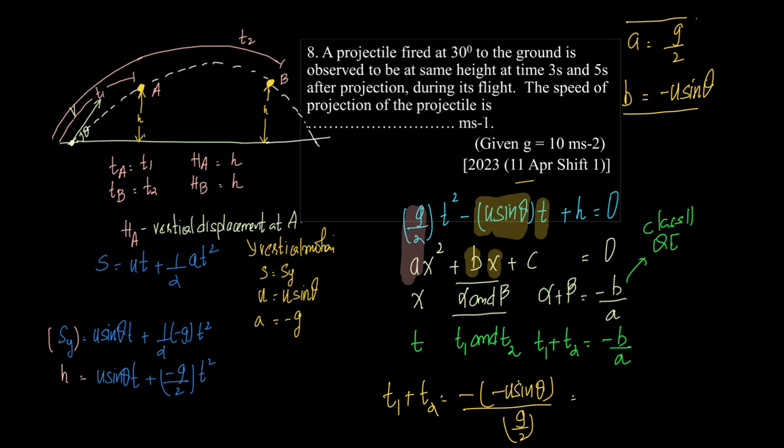So this will give you 2u sine theta by g, which actually is equal to the time of flight. Therefore, we can say that t1 plus t2 is equal to the whole time t.